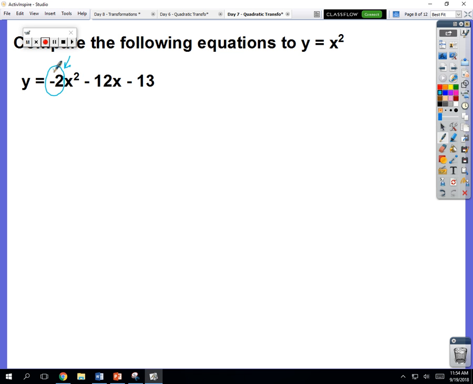And it's been reflected because that's negative, so I know it's been reflected over the x-axis, which again means it opens down. I know that it has been vertically stretched by 2 because of that.